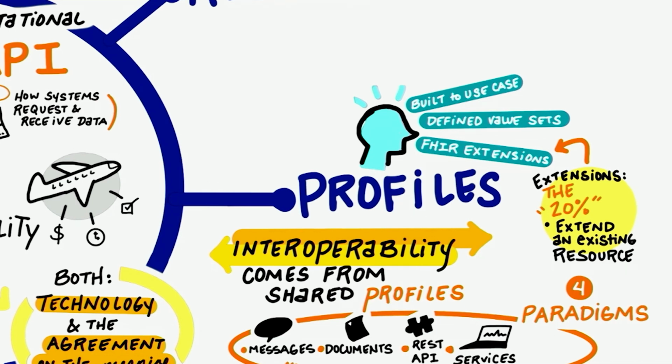And those extensions often become part of a FHIR profile or implementation guide. As an example, which is not a clinical example, but easy to understand, suppose you operated a facility in a country and you were involved in medical tourism, you saw patients from other countries.